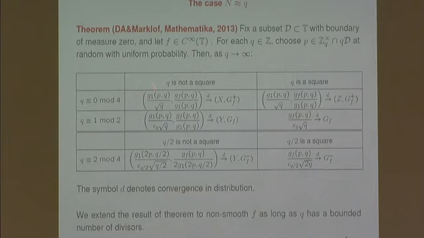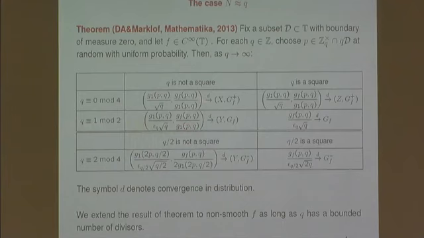This depends on q being 0 mod 4, 1 mod 2, or 2 mod 4, and whether q is not a square, q is a square, q over 2 is not a square, or q over 2 is a square. The symbol D just denotes convergence in distribution. This one is just a probabilistic definition of convergence in distribution.